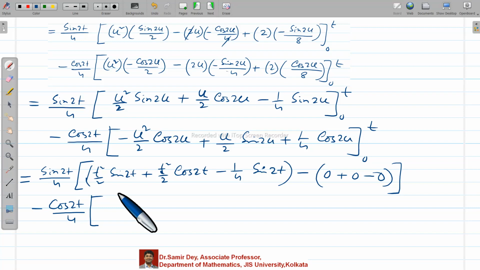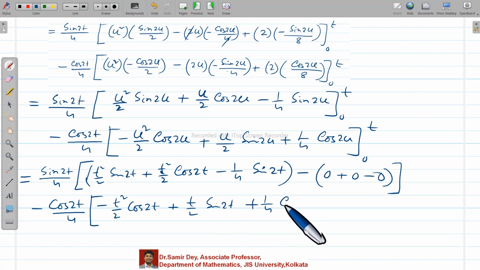So from here, upper limit, that is minus t square by 2 cos of 2t plus t by 2 sin 2t, plus 1 by 4 cos of 2t. Is it clear?